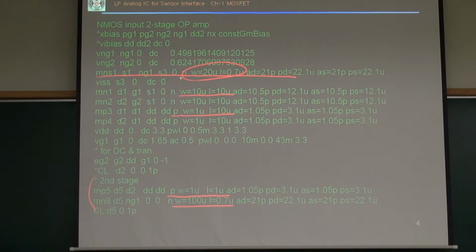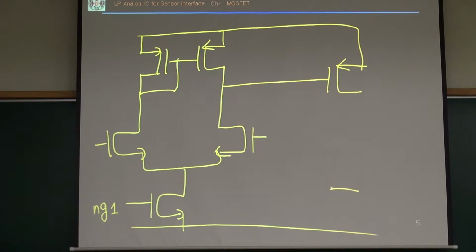Let's draw the circuit again here. This is NG1, and then I have a PMOS transistor there.